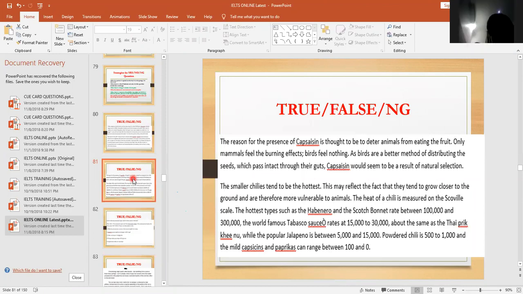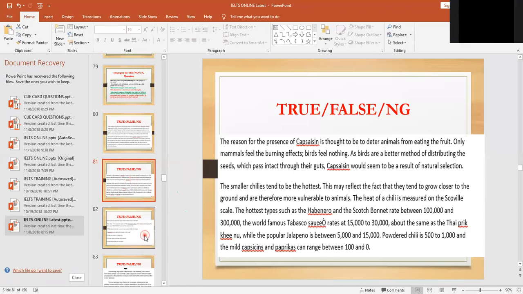As birds are a better method of distributing the seeds, which pass intact through their guts, capsaicin would seem to be a result of natural selection. So, can capsaicin be part of the bird's diet? Yes. There is a possibility that it can be part of birds' diet because it can pass intact through their gut. It does not burn them. So, the answer is true.